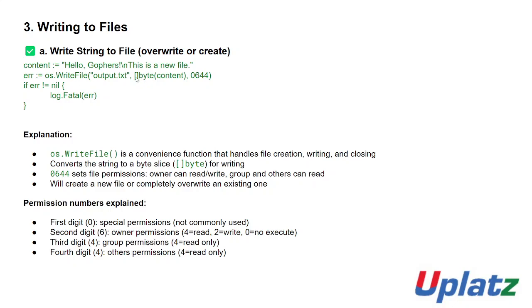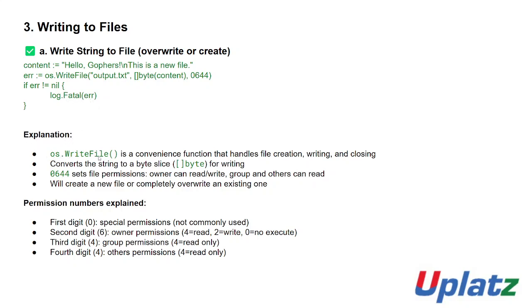This is a slice of bytes of the content. This is the permission number 0644. If err != nil, then log.Fatal(err).